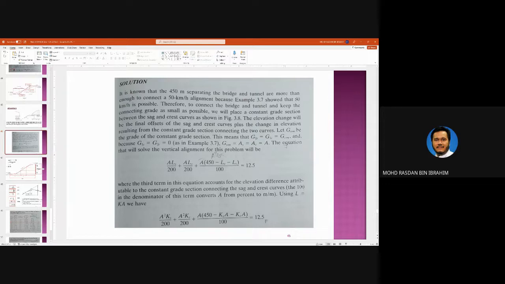So now, the equation that will solve the vertical alignment for this problem will be A L S over 200 for the sag curve, and then you have A L C over 200 for the crest curve, and this term here is for the connecting part.